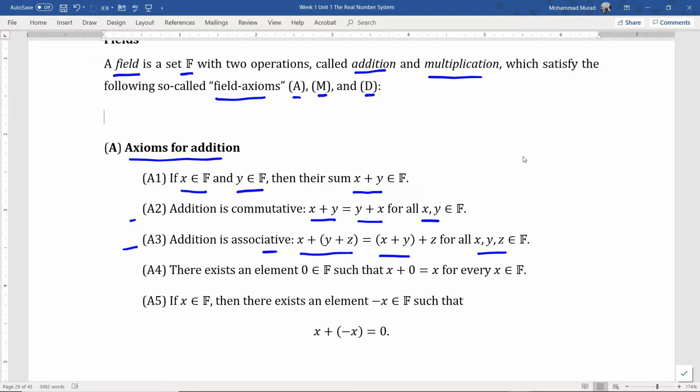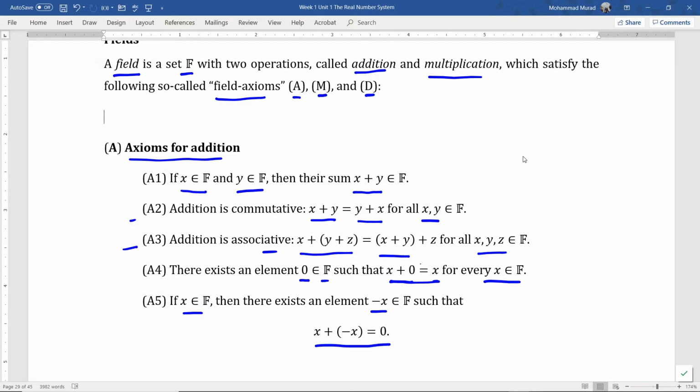A4. There exists an element denoted by this symbol 0 in the field such that x plus 0 equals x for all x in F. A5. If x is in F, then there exists an element denoted by negative x in F such that x plus negative x equals 0.